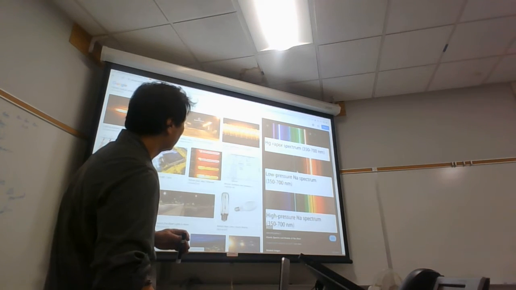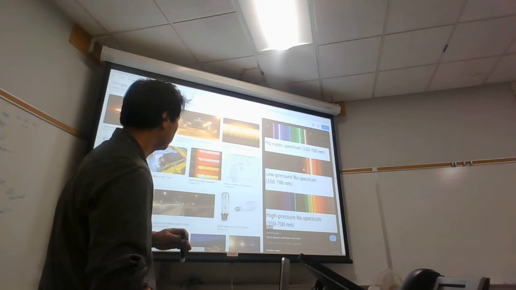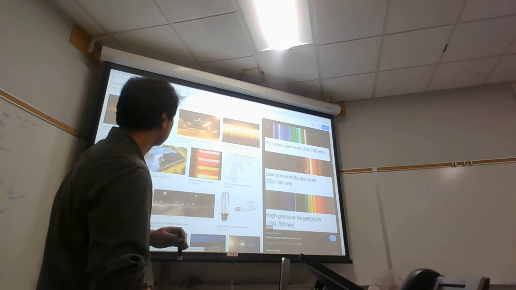Actually, there's some more. This is not the cleanest. You don't see a rainbow of colors from a low pressure sodium lamp. The primary lines are these two right here in the middle. I guess there are other lines from the other transitions. That's a low pressure sodium lamp.